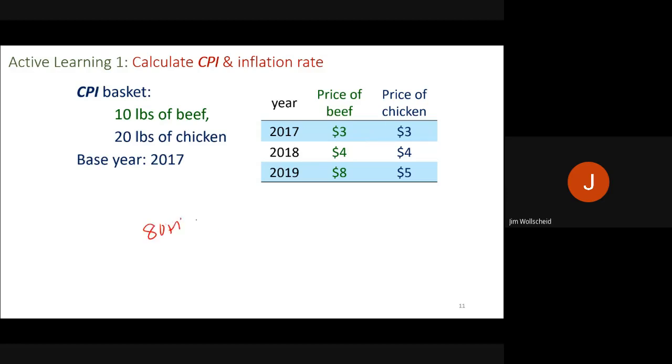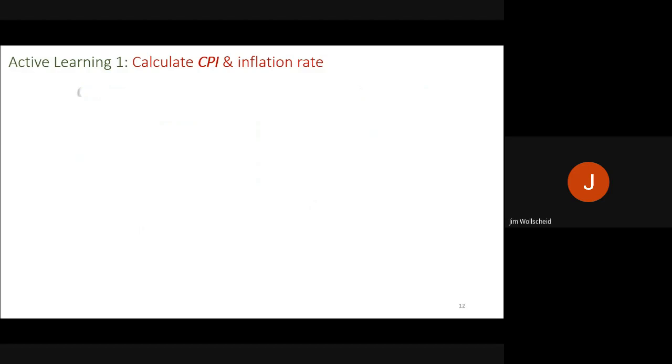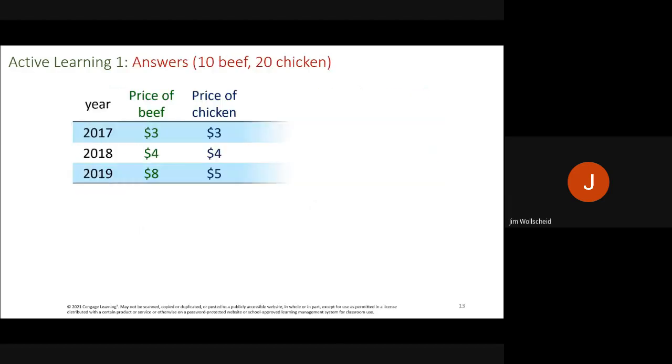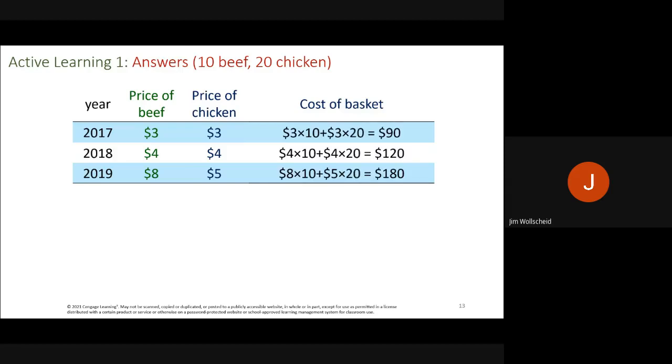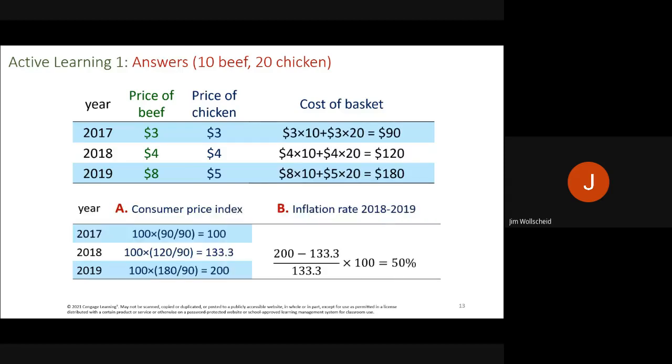So we take 180 divided by 90 times 100 and that gets us 200. So here are the answers, which hopefully we all did correctly. And then finally, how do we find the inflation rate? I take new minus previous divided by previous times 100, which should give us the 50%.